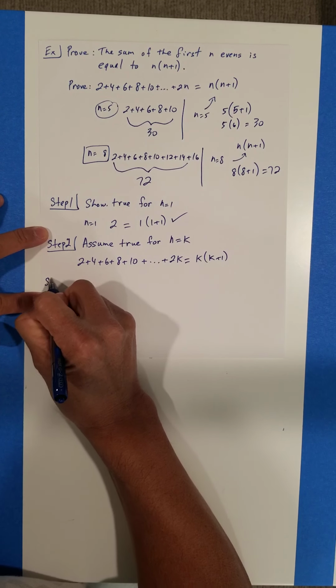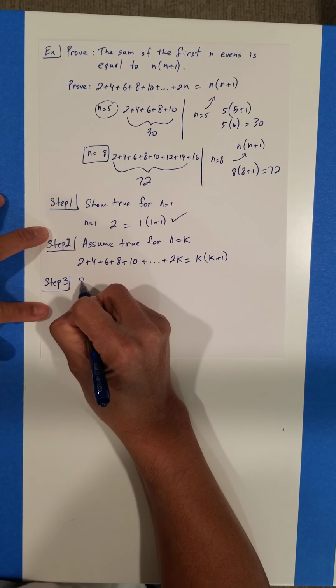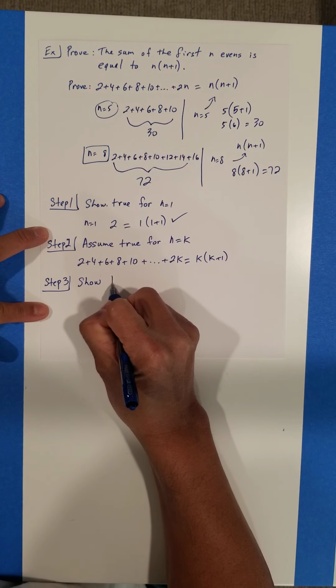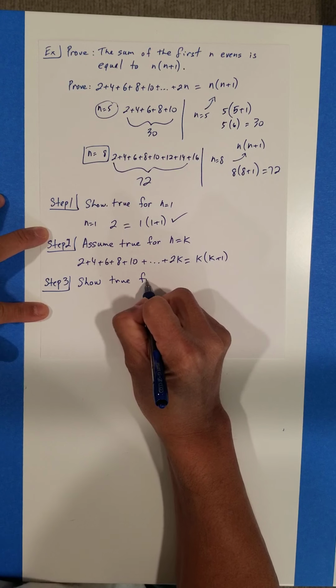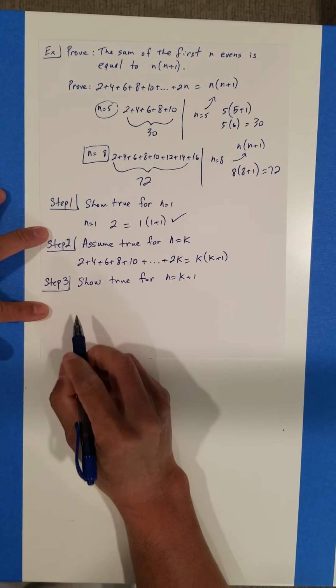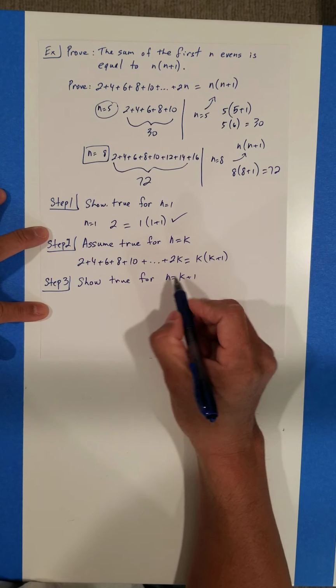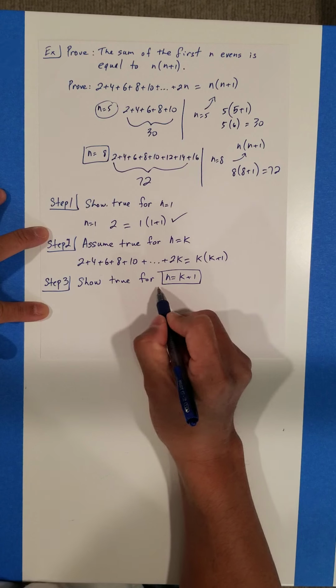Now, step 3 is where all the work is, okay? Step 3, you're going to show true for n equals k plus 1. So I'm going to show that this example will be true for the next guy.